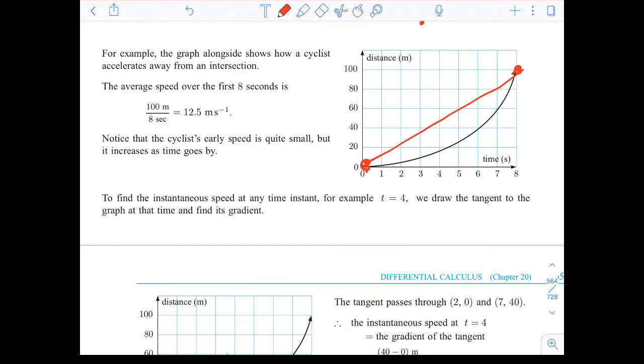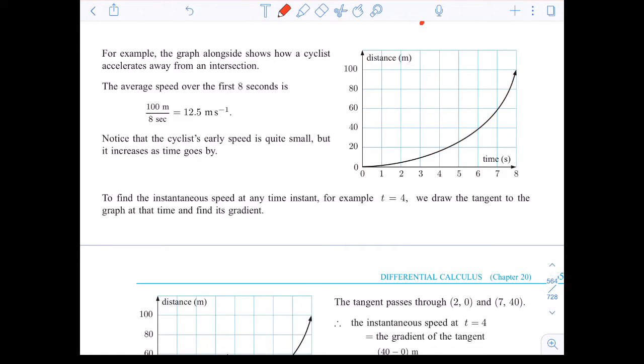The slope of that line would be 100 divided by 8, which is 12.5, which we have over there on the left. Notice the cyclist's early speed is quite small, right? They're not traveling very fast in this section, but it increases as time goes up. So the slope gets more and more steep over time. So that line gets more and more steep over time.